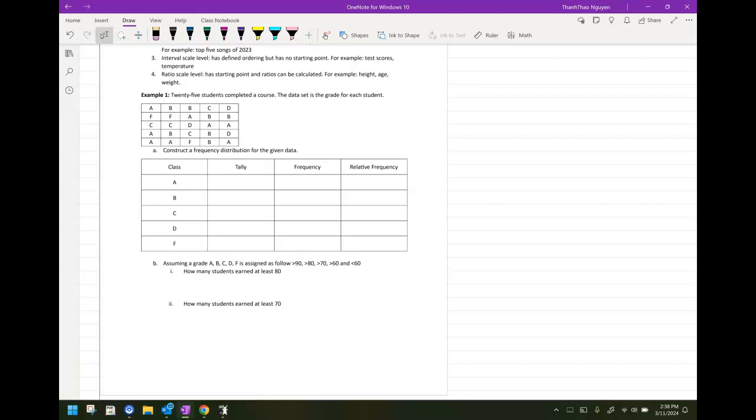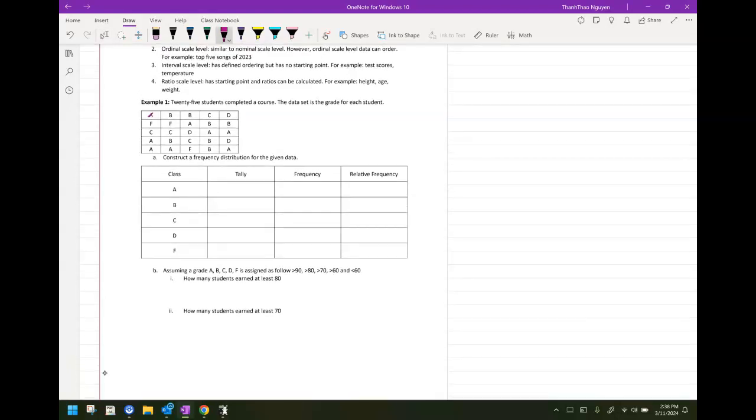As I go through the table, each time I get an A, I tally it into A. You can tally it by making a stick. So now it's 5, we make a cross.